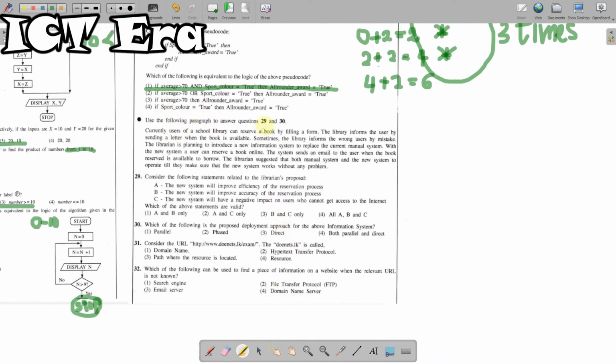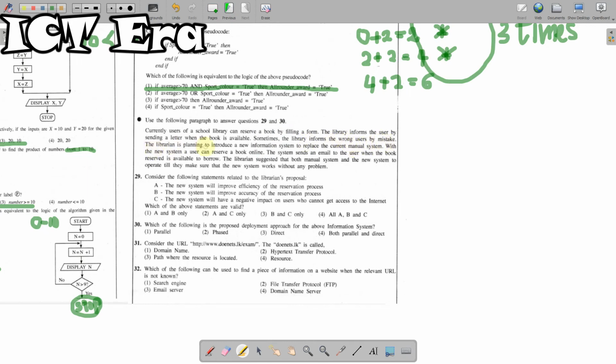Use the following paragraph for questions 29 and 30. Currently, users of a school library can reserve a book by filling a form. The library informs the user by sending a letter when the book is available. Sometimes the library informs the wrong users by mistake.